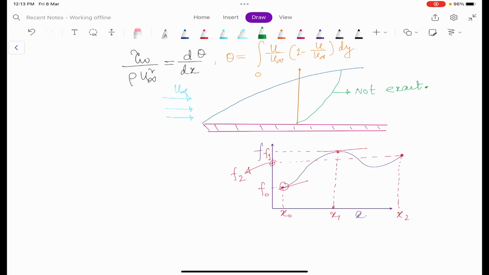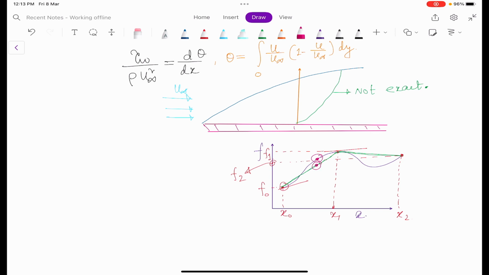So now if you assume some curve like this, maybe by straight lines like this and this, then you see that at any arbitrary point here, the actual value is this, but the assumed value is this.